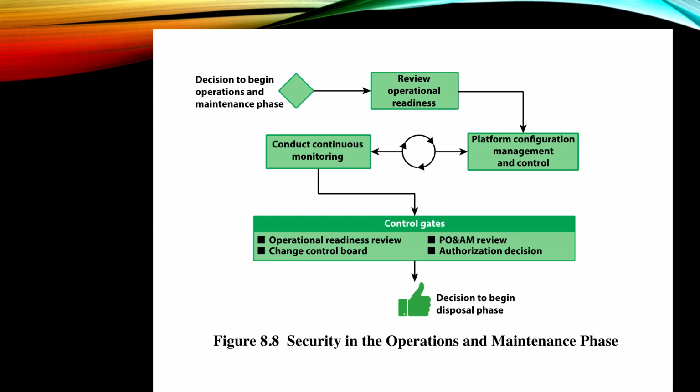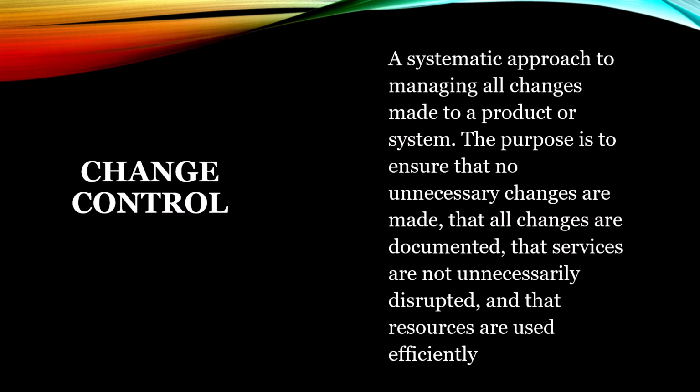That also then allows us to feed into things like if there are areas identified that require modification, we might have a change control, and that is some type of system that will approach the managing of all changes to the system that will outline what the change is, how the change is going to be made, how we're going to measure the success, and a rollback plan just in case the change doesn't actually meet the new mandate.